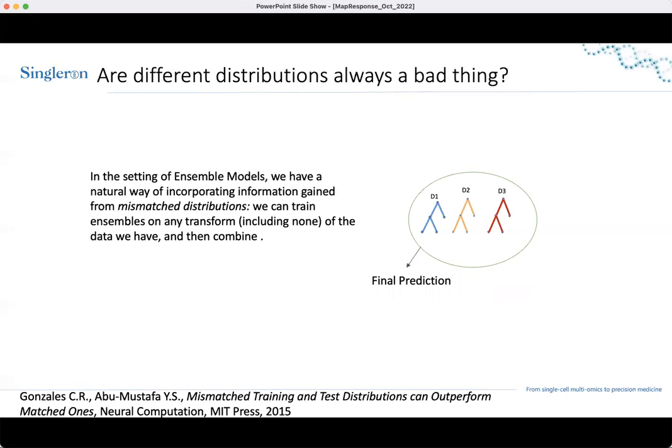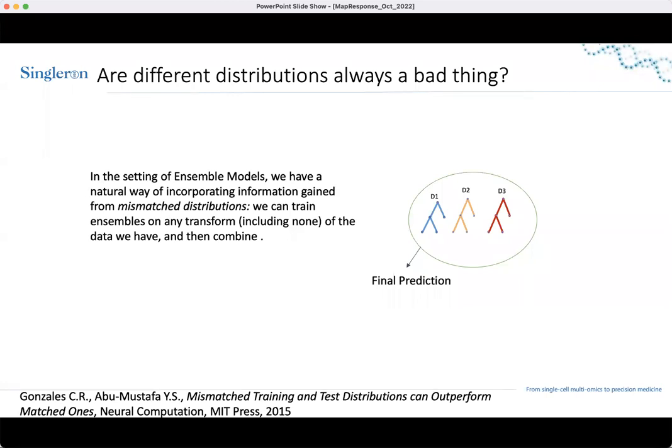And those perturbations would be ones we've used to simulate things like batch effects. Now we would have ensembles of models trained on different distributional characteristics, and we can do the same thing at that point and combine those. And overall, we have a more powerful model than we would otherwise, right?